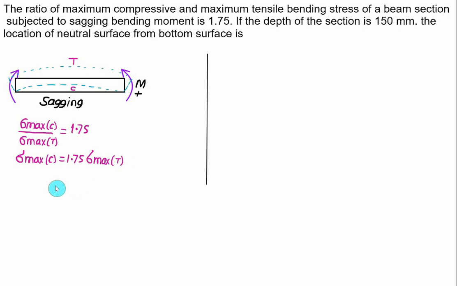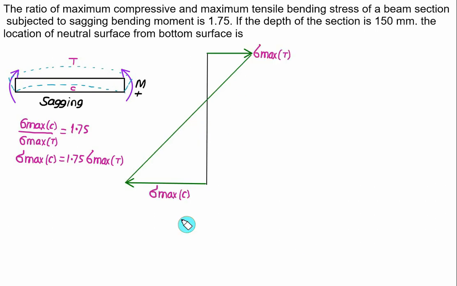So according to that, we'll construct our figure. Since compression is more, we'll show a larger arrow at the bottom, and sigma max tension is a lower value, so we'll show a smaller length of arrow. So this is the stress distribution. The bottom fiber has the maximum compressive stress, which is more compared to the top fiber, which has the maximum tensile stress. Where it cuts the vertical axis, that will be our neutral axis. So if I draw a horizontal line, that will represent the neutral axis.